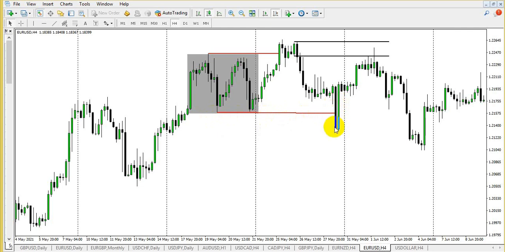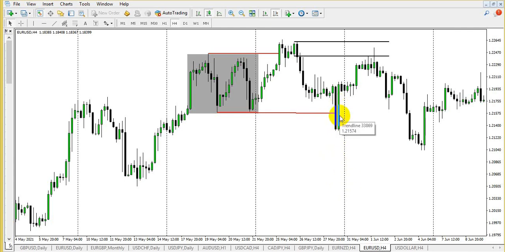Market maker takes the stop loss, activates the sell stops of sellers, breakout traders, because they expect if price breaks out of this zone, price is supposed to be moving lower and lower. But no, price didn't do that. Price came back up after taking out the stop loss of people that took buys from the support, and also activating the orders of breakout traders that placed sell stops for price to keep on moving down.